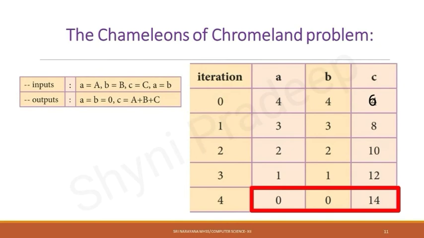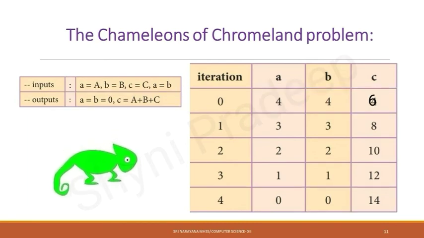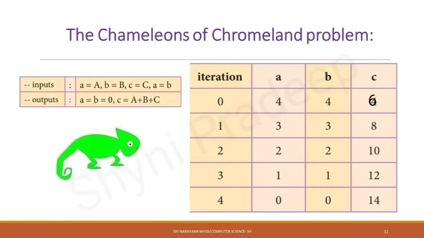So now check the output property with the solution. A is 0, B is 0 and C is equal to A plus B plus C, that is 4 plus 4 plus 6 is equal to 14. Finally, at the end, all the chameleons are the same color, which is green. So we got the solution.